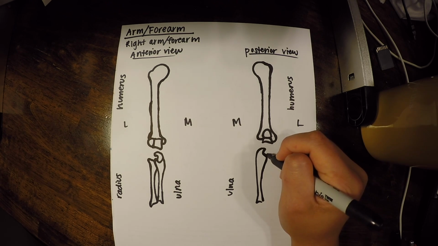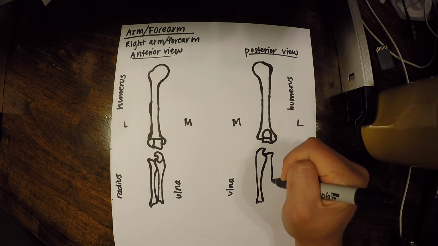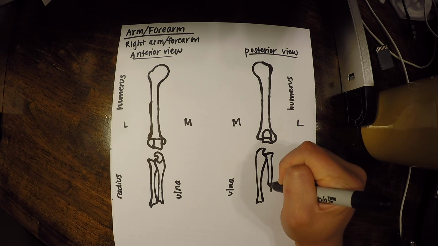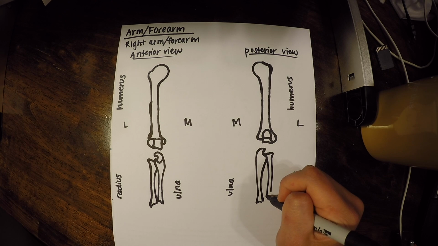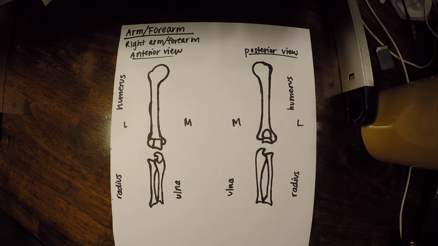And then we're going to draw in our radius. Sweet, now we have all of the bones we need. Now it's our job to just label everything.